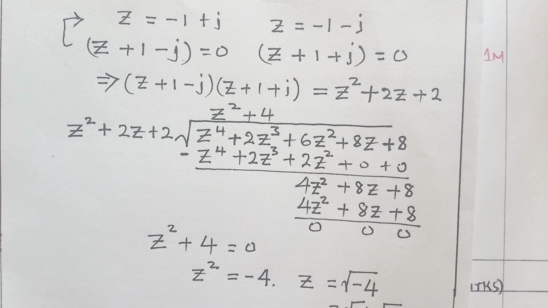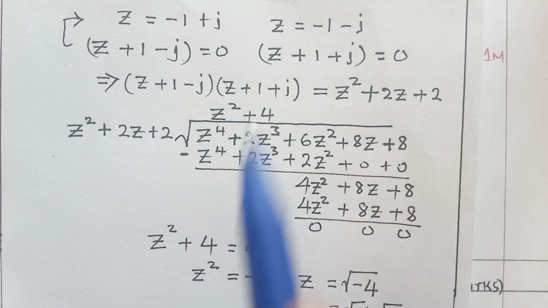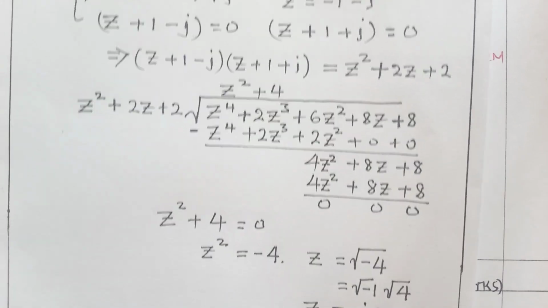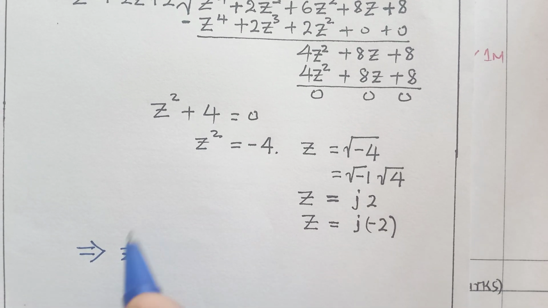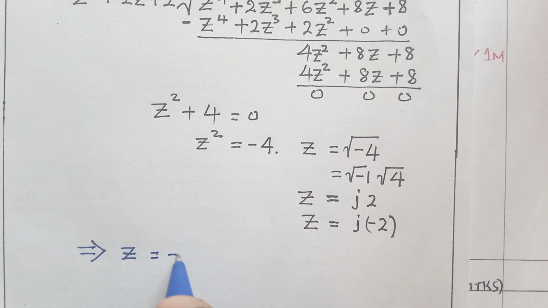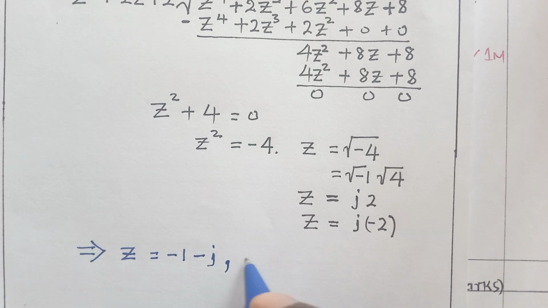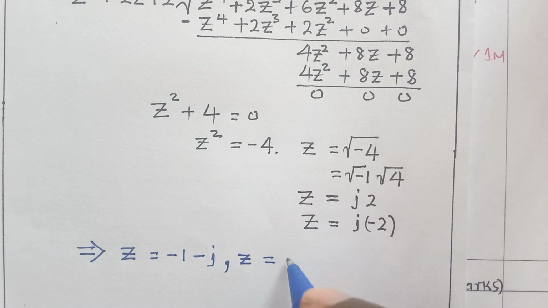Of course, the first solution we were given, but what we are now looking for is that which we were not given. So that one will be z equals minus 1 minus j. The other solution, guys, is going to be z equals 2j.